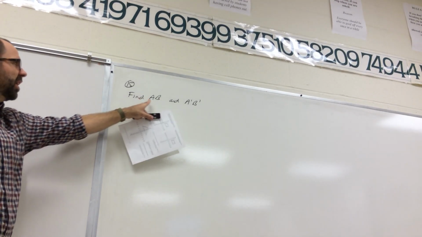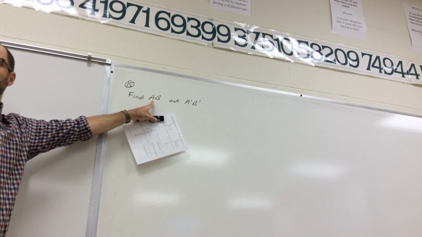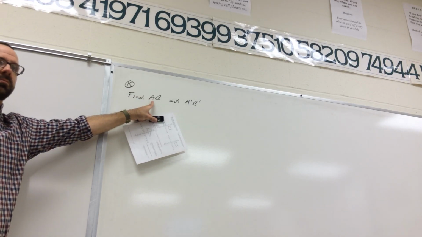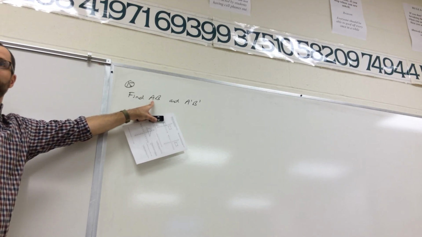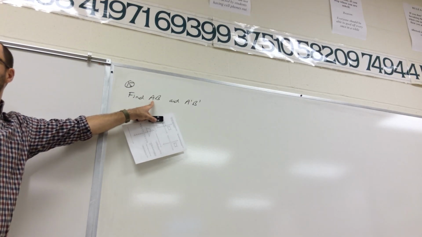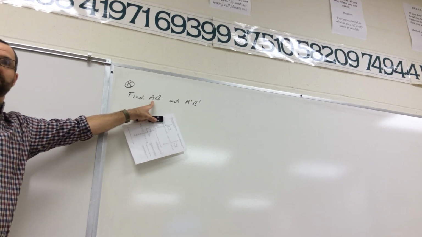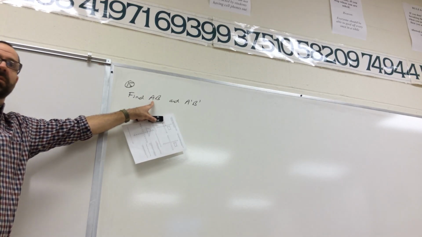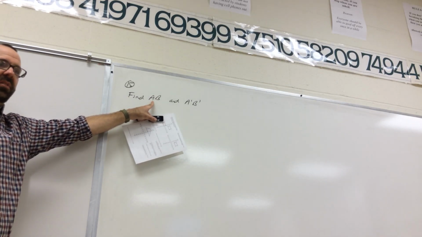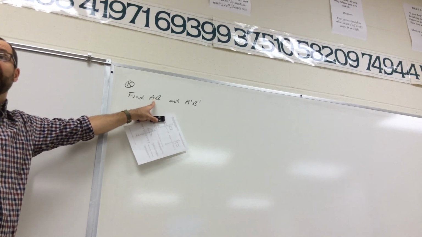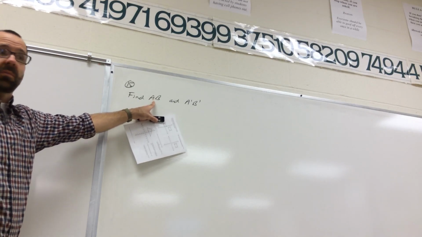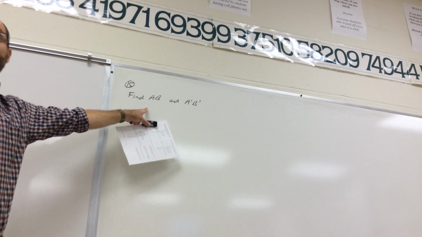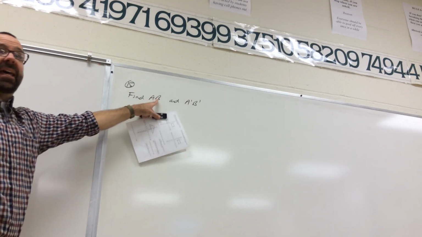What does it mean to find AB? Does it mean find the slope between A and B? You can tell by my tone of voice it doesn't mean that, right? It means find the distance between A and B. Okay, so what we're going to do is use the distance formula now between A and B.